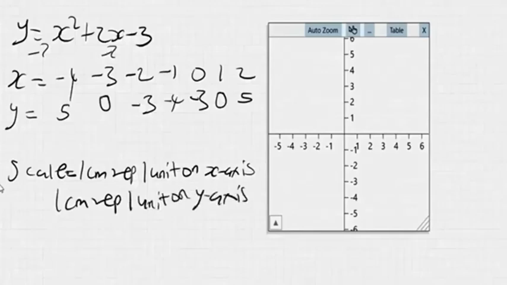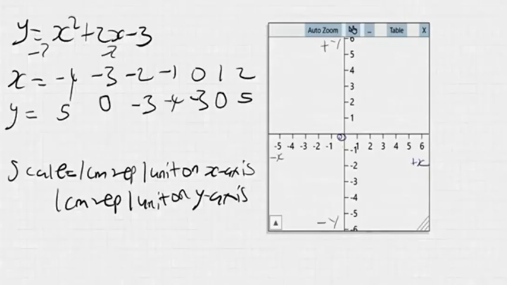Very, very important: indicate the scale of your graph. As we all know, here in this graph we have a midpoint, which is 0. These are the positive y-axis, these are the negative y-axis, these are the positive x-axis, and these are the negative x-axis.